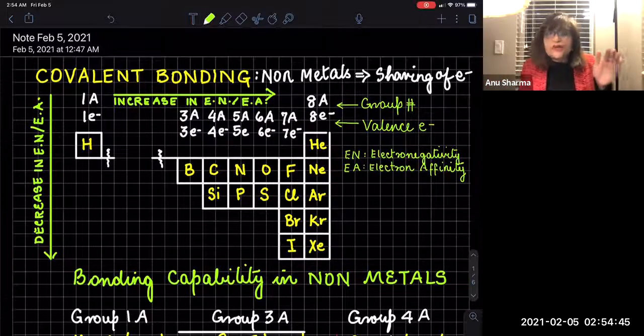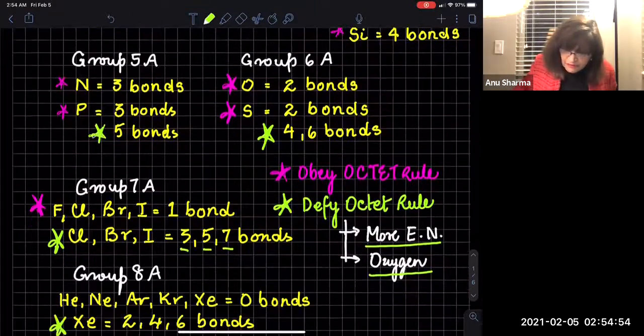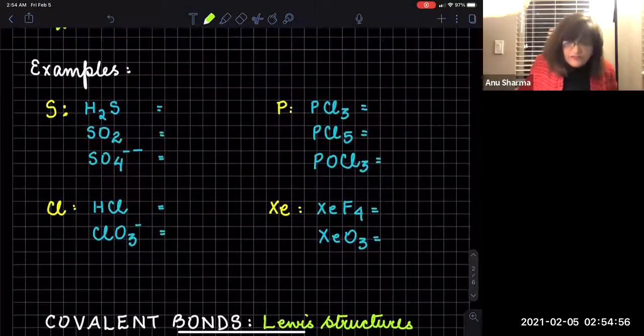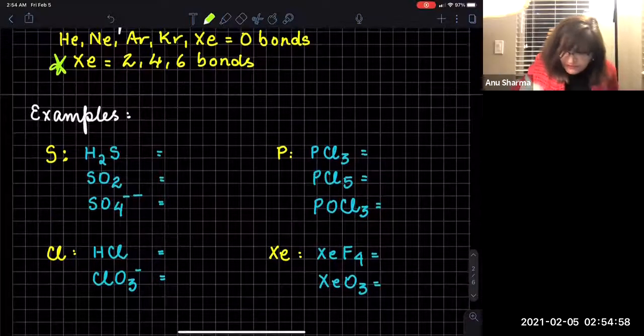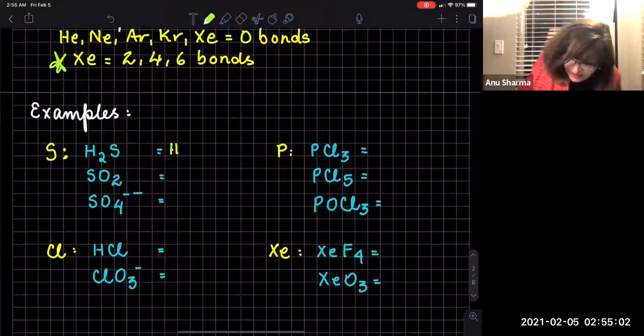So sulfur is more electronegative. You see the trend, there is an increase in electronegativity as you move in the same period from left to right. So we see that sulfur is more electronegative than hydrogen, or in other words, hydrogen is less electronegative than sulfur. So yes, sulfur is making 2 bonds.